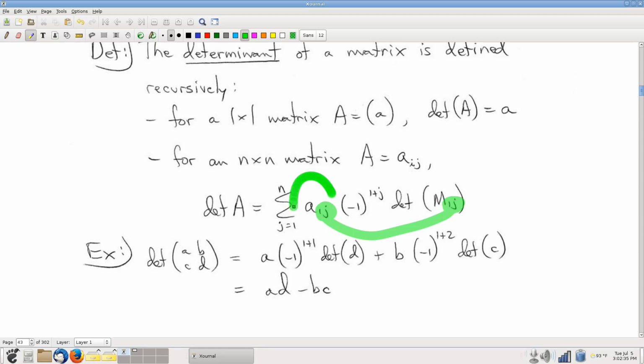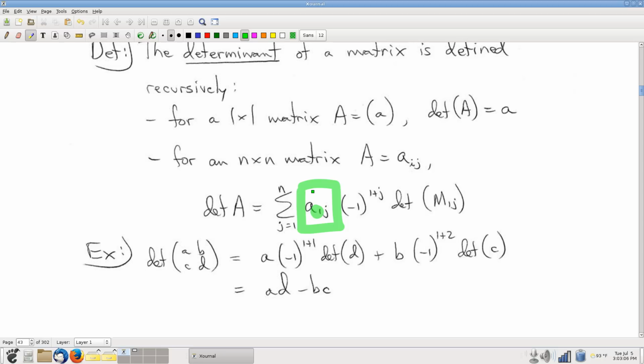So we'll be looking at an element of the matrix and its corresponding minor. We'll also be keeping track of j as part of this exponent. Now I will notice, furthermore, that these elements that we're looking at, and the corresponding minors that we're looking at, are always in the first row. This is not an i, that's a 1.